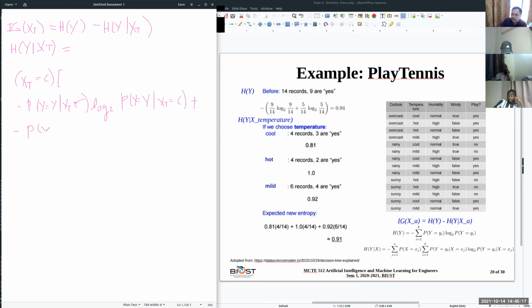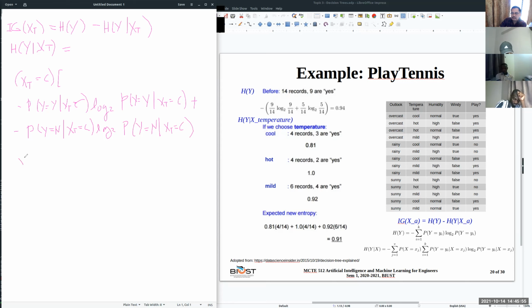You go through the different outputs, the one that is no. You go to the different output equal to no, given xt equals cool, log 2 of p of y equals no, given xt equals cool. Okay, that is for xt being cool.